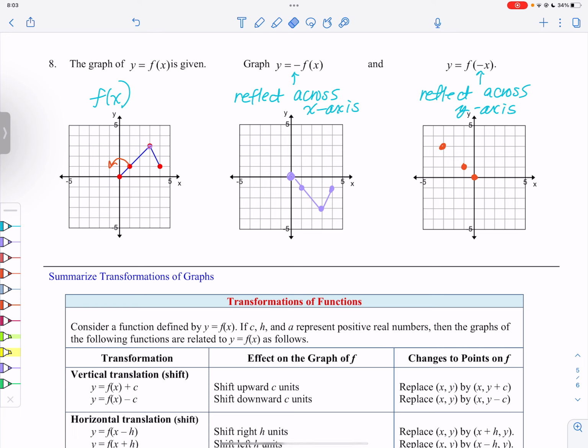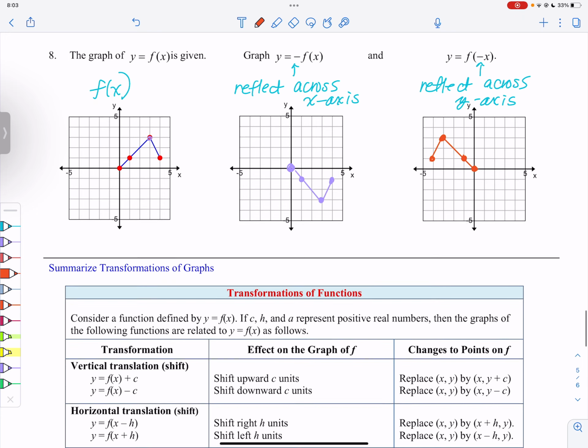Erase that. And then this last point, which is 4, 1, is now going to be negative 4, 1. And so that graph just looks like this.